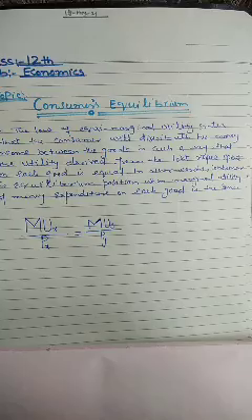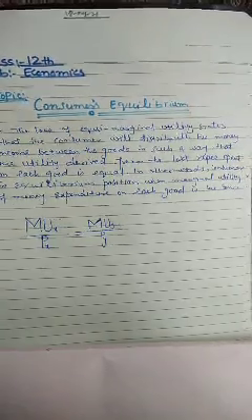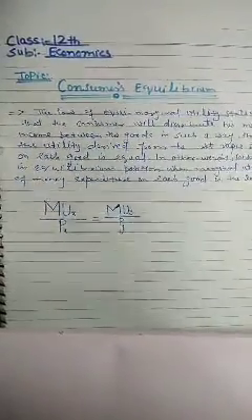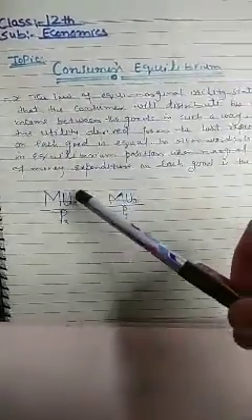MUA is marginal utility of good A, P is price of good A, and I have represented it in the figure here.